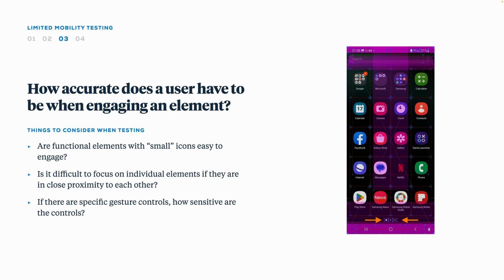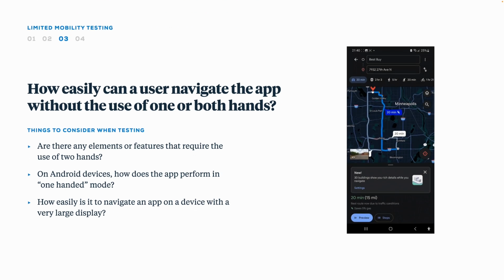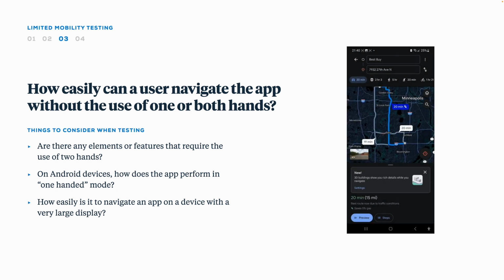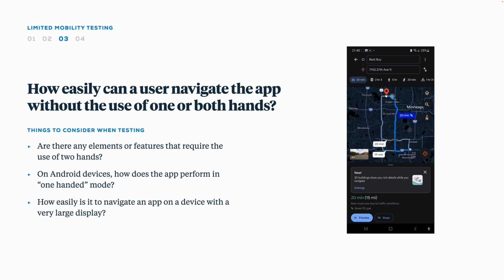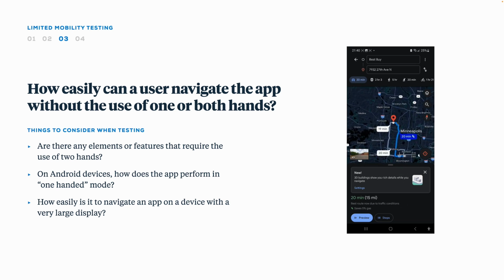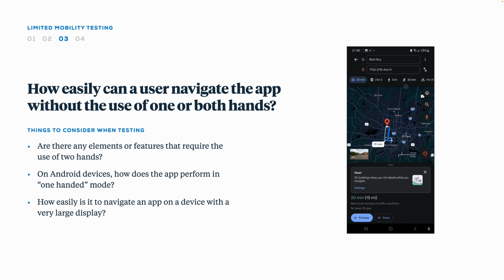What are some things to consider when testing how easy it is to navigate an app with one or both hands? Well, making sure that, like I said before, maps, that you can actually still navigate them using one hand. There's a cool tool where double tapping with one finger will actually zoom in, zoom out.